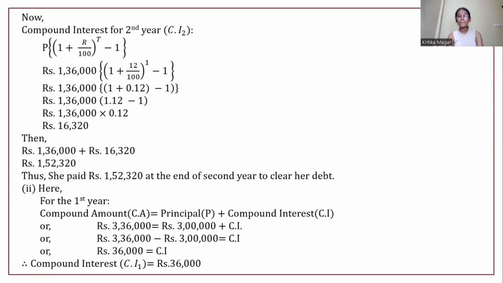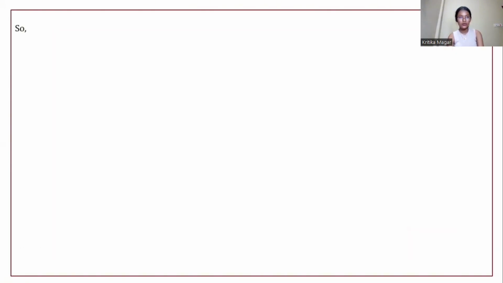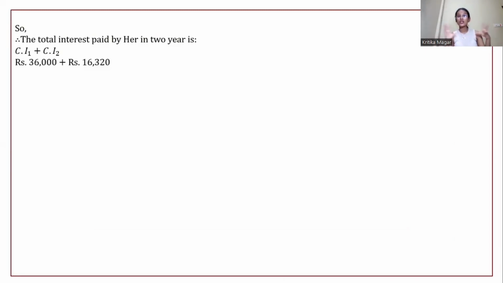So her compound interest for the first year is 36,000. The total interest paid by her in 2 years is the sum of the compound interest of the first year and second year, which is rupees 52,320.